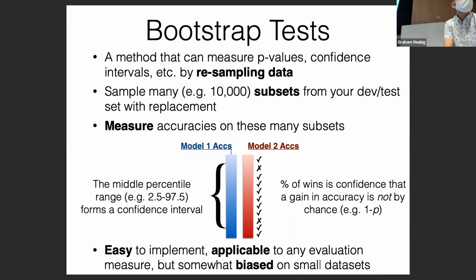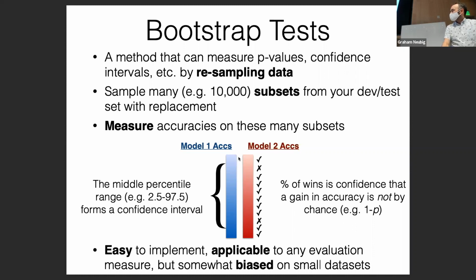You can calculate accuracy, F measure, precision, recall. And in any case, you could still compare the two values, right? You just need to calculate the evaluation measure here. That is not the case for most other statistical tests, like t-tests or things like this, which have some assumptions about the distribution of the values.